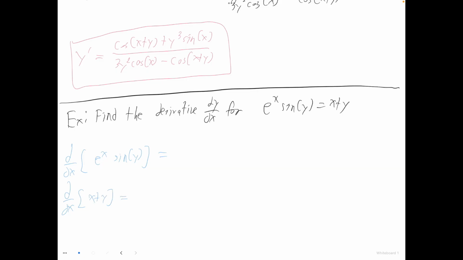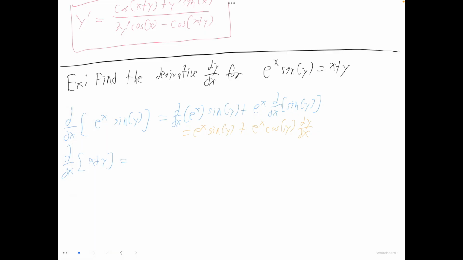So the derivative of e to the x sine of y, we're going to have the derivative of the first times the second plus the first times the derivative of sine of y. The derivative of e to the x is e to the x. We get e to the x sine of y plus e to the x cosine of y times dy over dx, because we have to use the chain rule on sine of y.